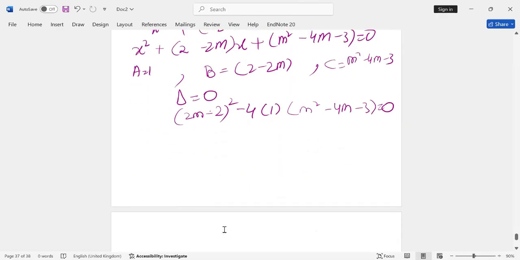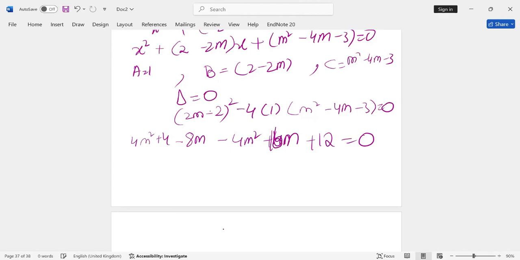So you just have to open this equation. We use the formula (a minus b) whole square equals a square plus b square minus 2ab. So we have 4m square plus 4 minus 8m, minus 4m square plus 16m plus 12, equals 0.